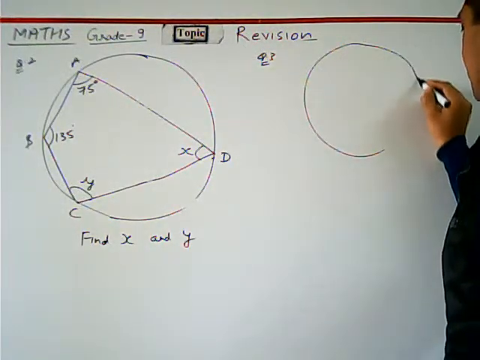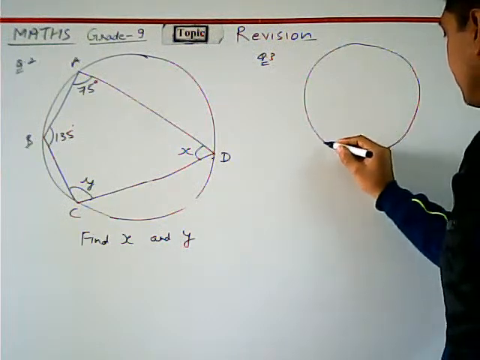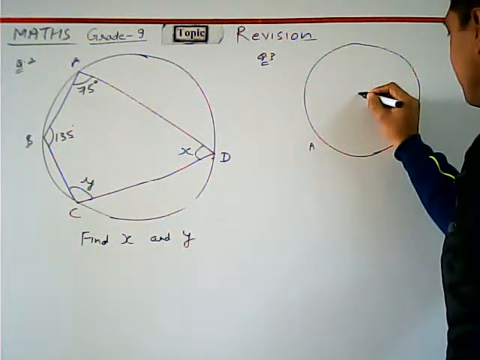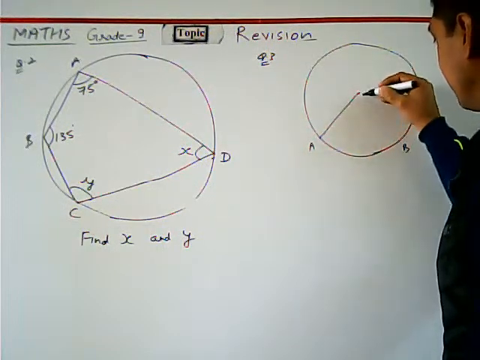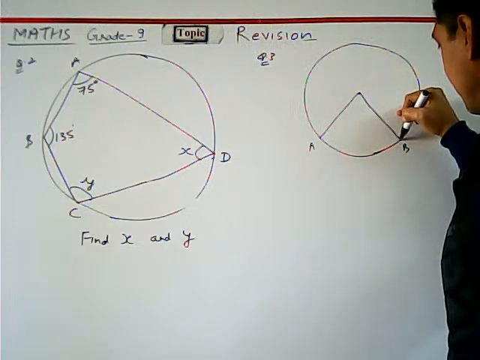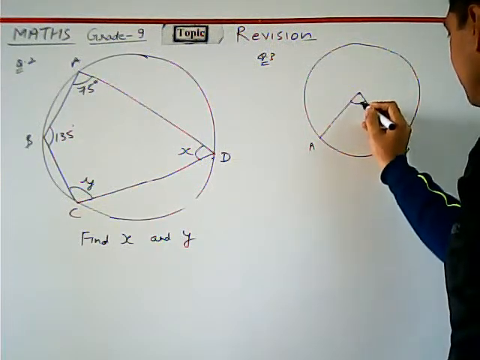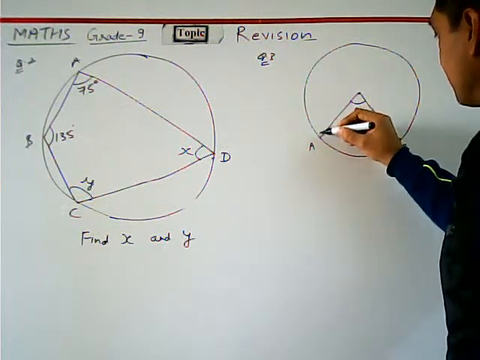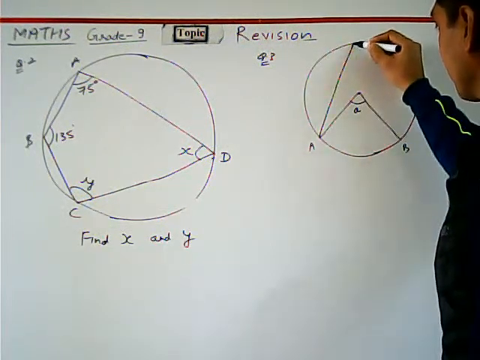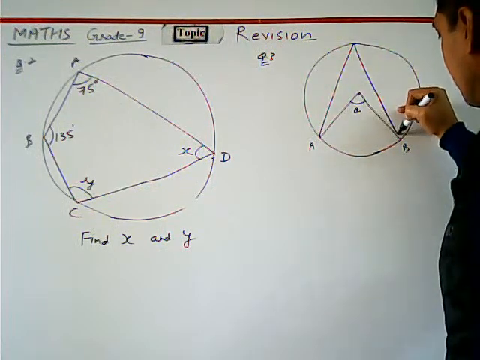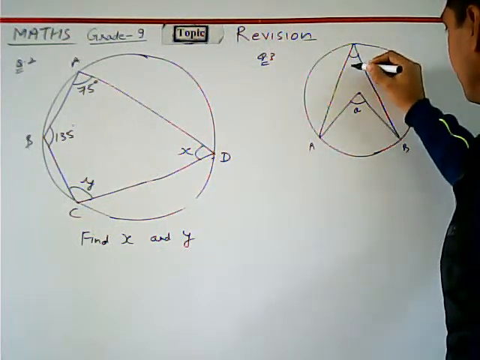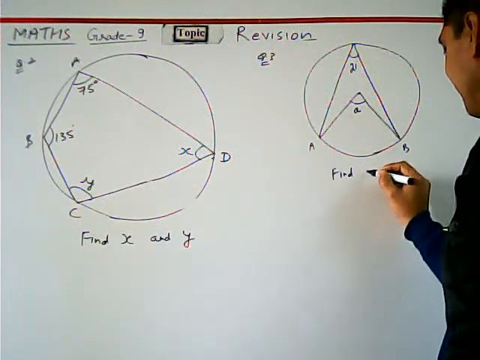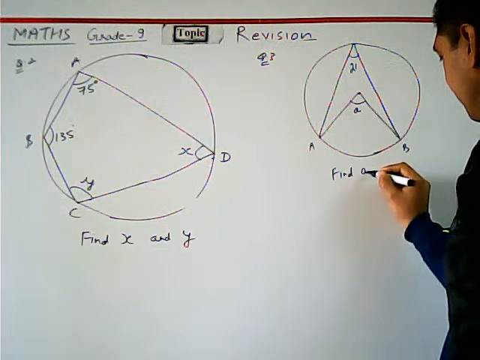In this circle we have a point A, point B, and O is the center here, and this angle is angle A. And this angle here is 21 degrees. Find angle A.